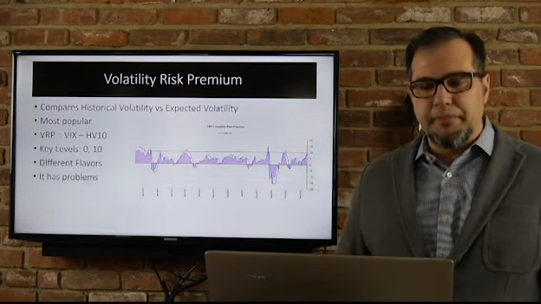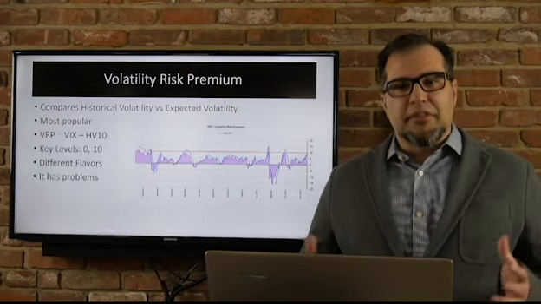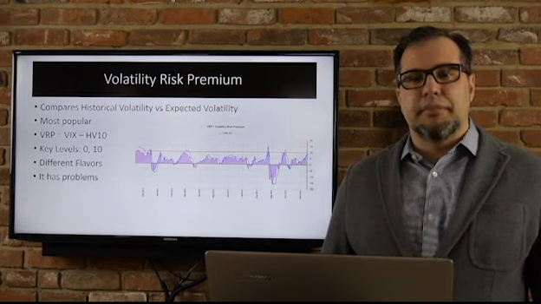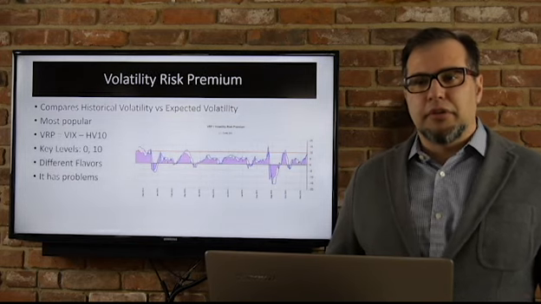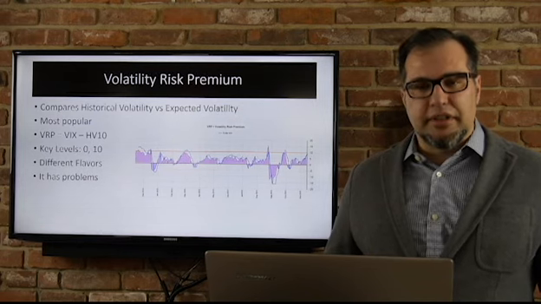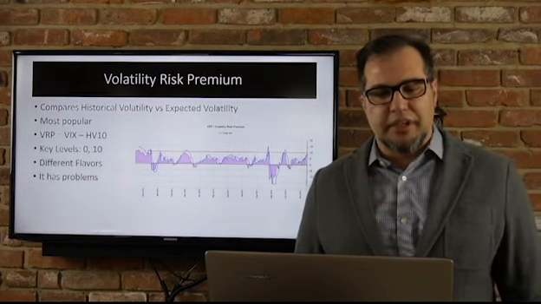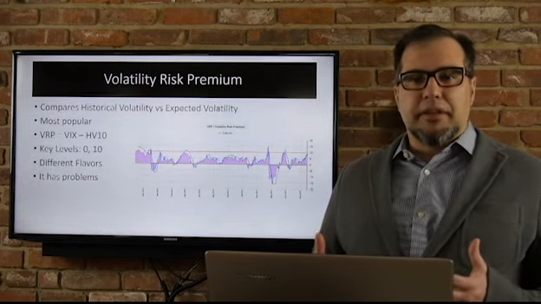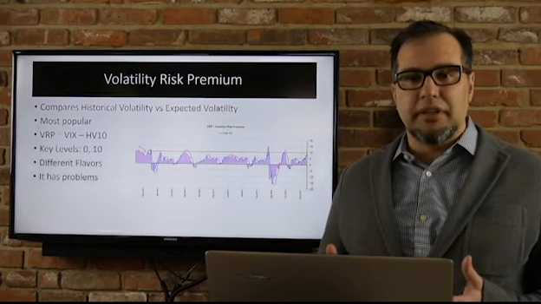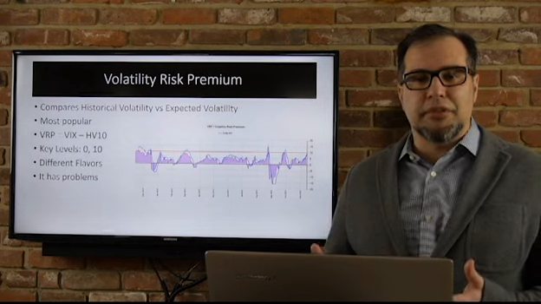Volatility risk premium is one of the most popular volatility indicators out there, popularized by Tony Cooper. He wrote a paper in 2011 in which he describes how he uses this indicator. But the volatility risk premium essentially compares historical volatility versus expected volatility.